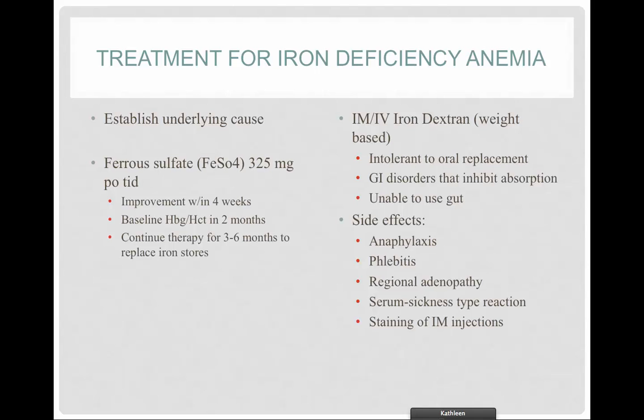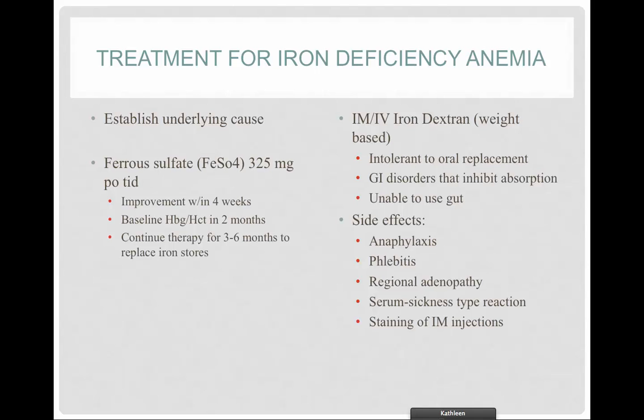Of course, you're going to have them follow up with OBGYN if you don't manage that in your office. And then you're going to start them on it, and when they come back in 3 to 4 weeks, you're going to look at their reticulocytes, because if it is iron deficiency anemia, you're going to have an elevation in the number of reticulocytes.